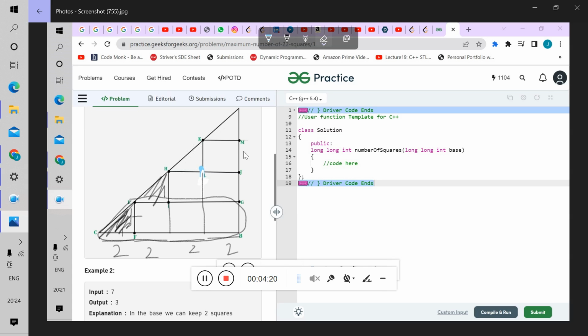So one approach I can think of, a common observation, is to consider that part in terms of the length of the base.